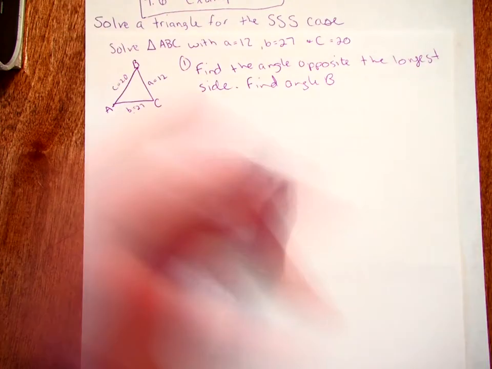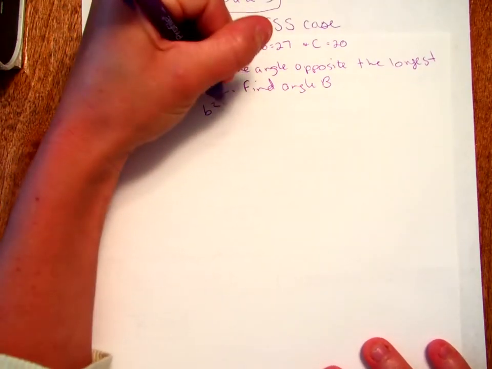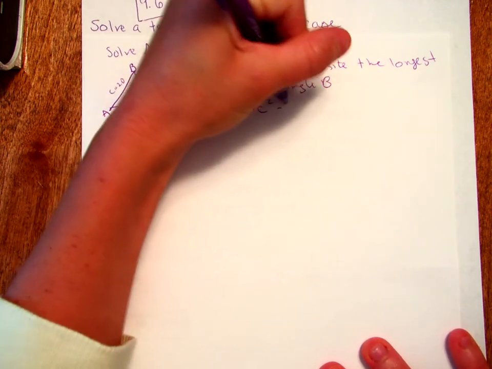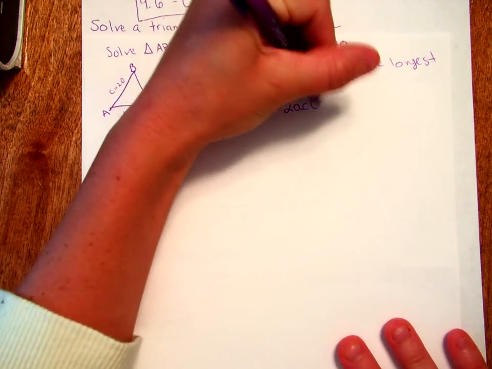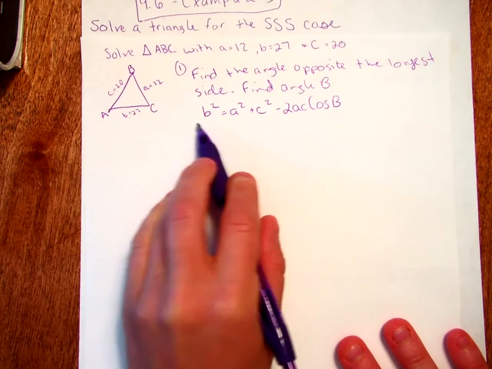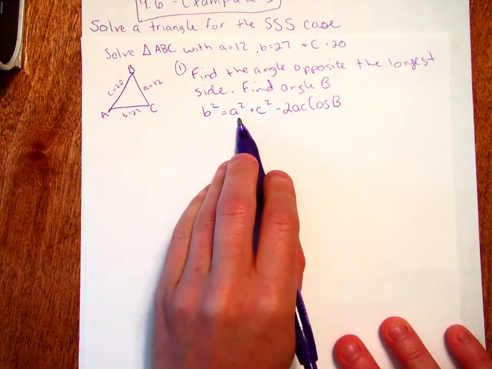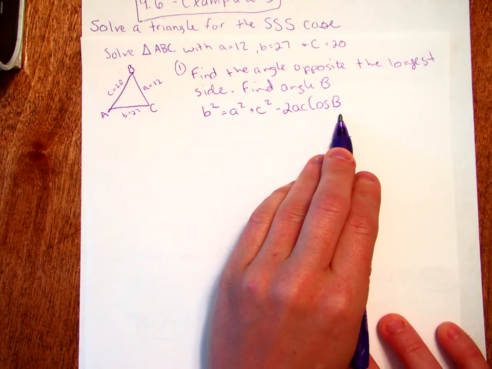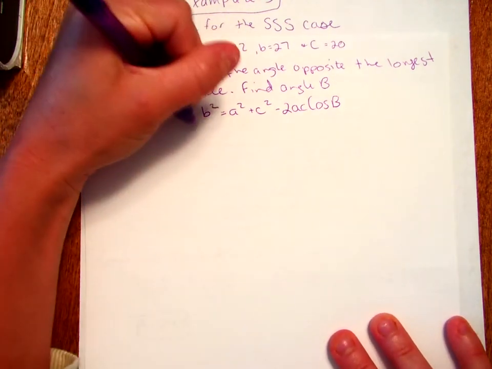Okay, so we have B squared equals A squared plus C squared minus 2AC cosine of B. So now remember, we have this piece, this piece, this piece, this piece, this piece. We do not have this one. So we're going to plug everything in we have.